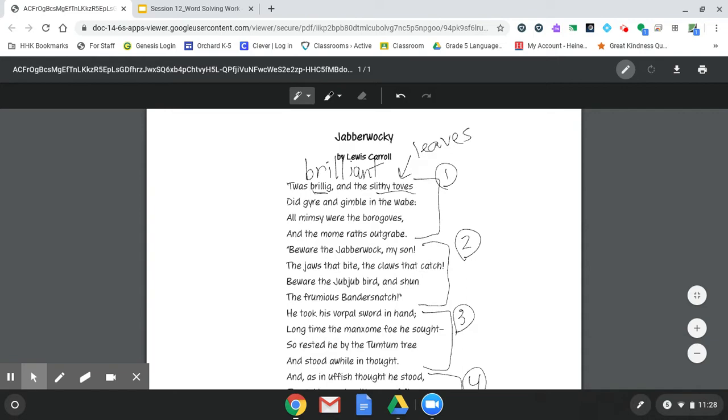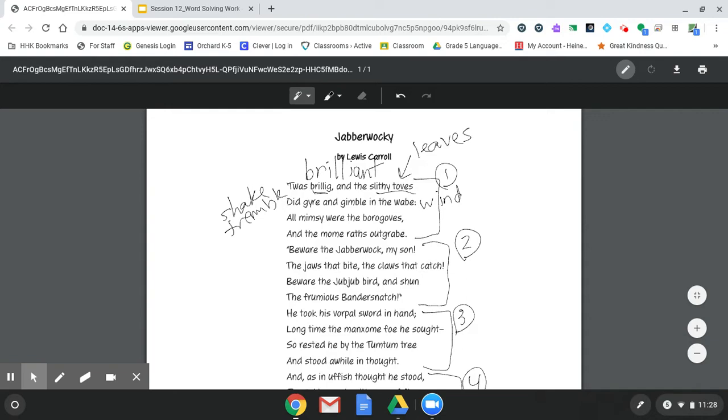Gyre and gimble in the wabe. Maybe this is like in the wind. So maybe gyre and gimble means like to shake and tremble. Okay. All mimsy were the borogoves, and the mome raths outgrabe. Right?